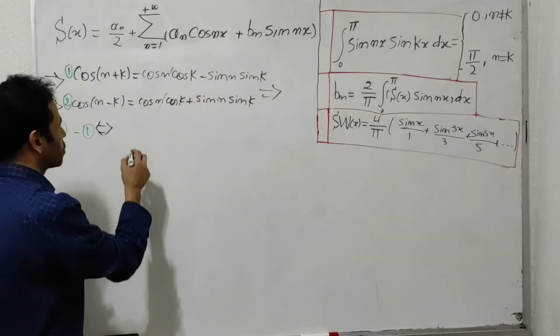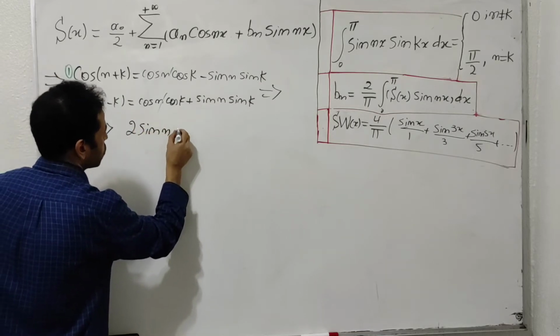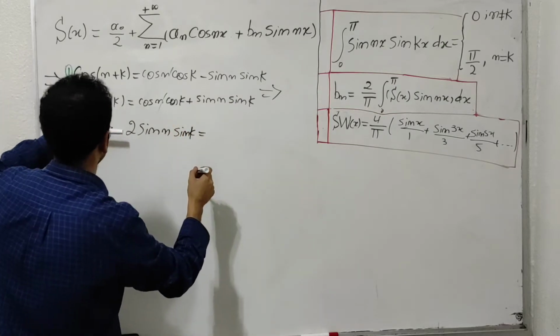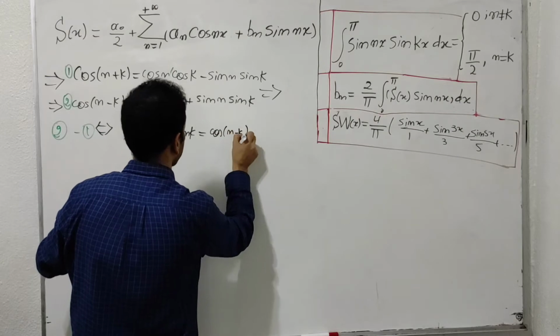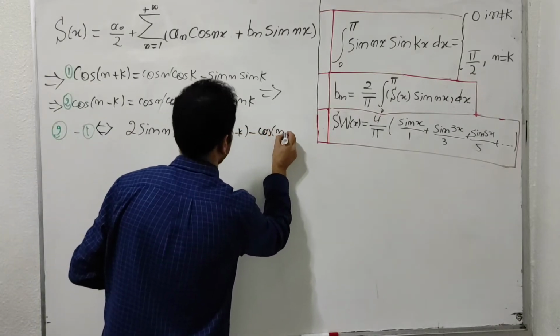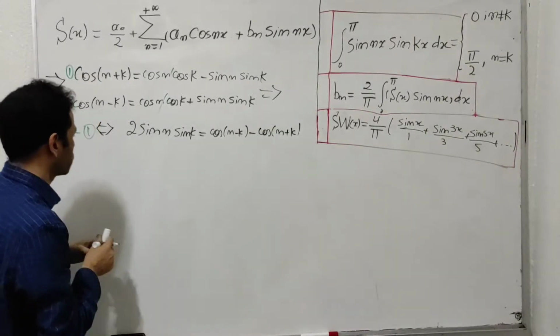So I will have 2 times sine n multiplied by sine k equal to cosine n minus k minus cosine of n plus k. Now I'm going to integrate both sides.